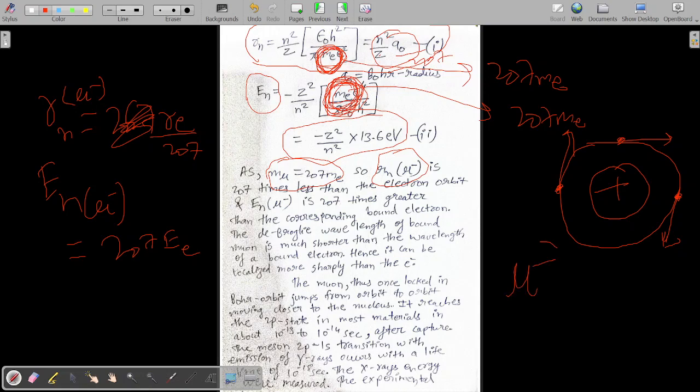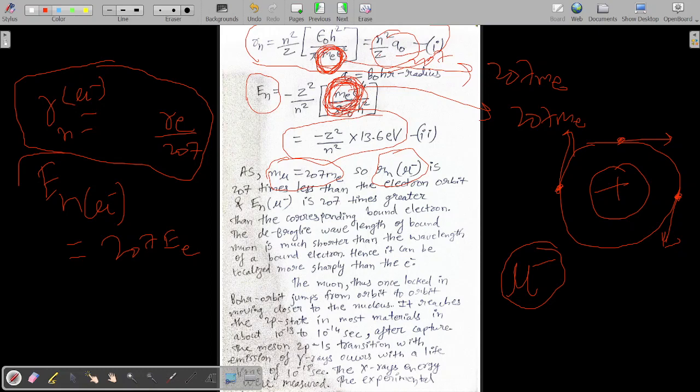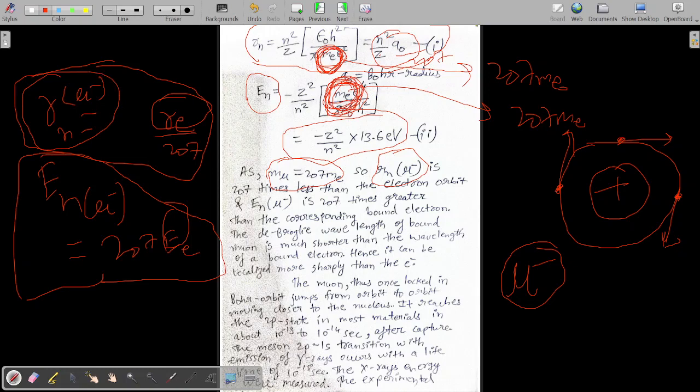Instead of electron, the mu minus meson is revolving around the nucleus in quantized orbits, and the energy and radius of those orbits have the following relations. In case of electron, whatever is the value of radius and energy, those are on the right hand side, and in case of mu minus meson, those values are on the left hand side.